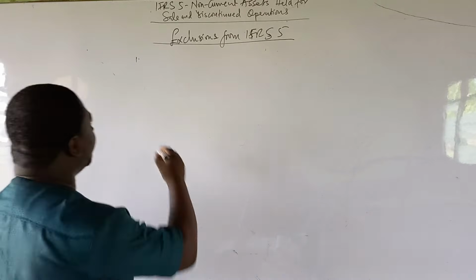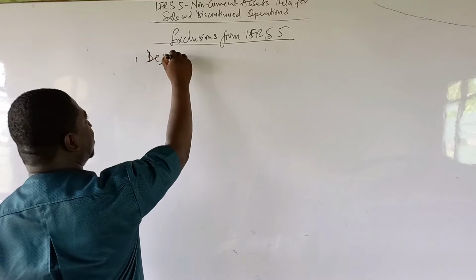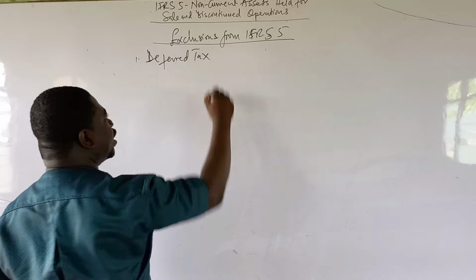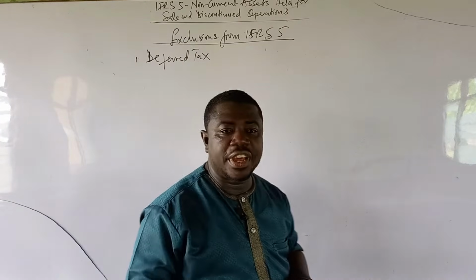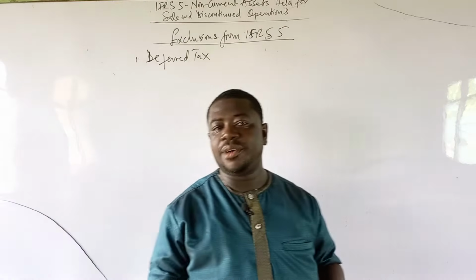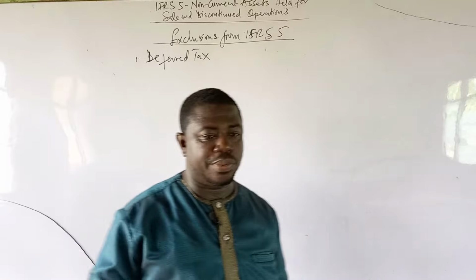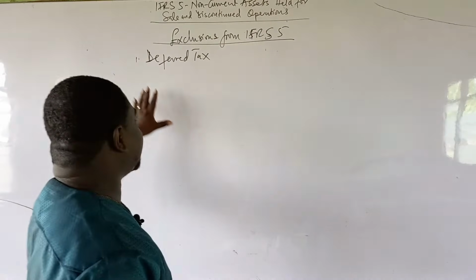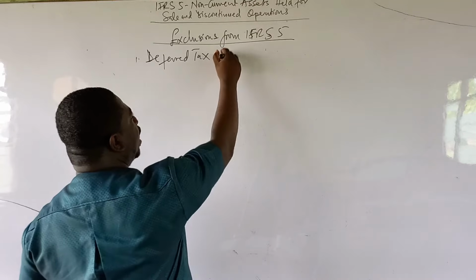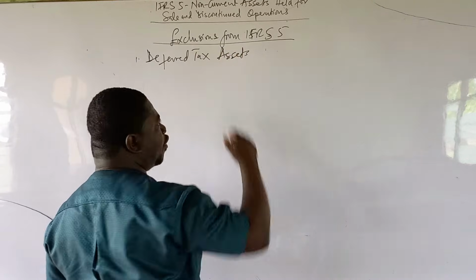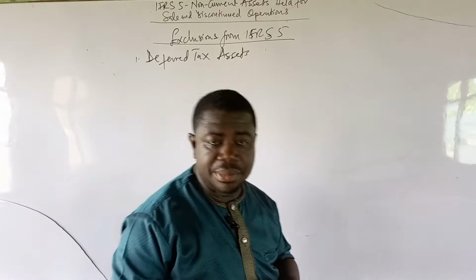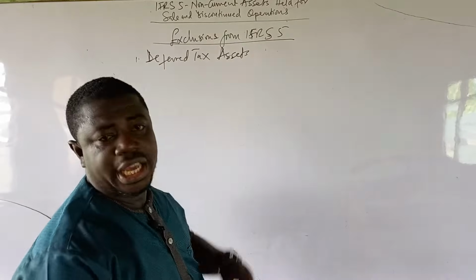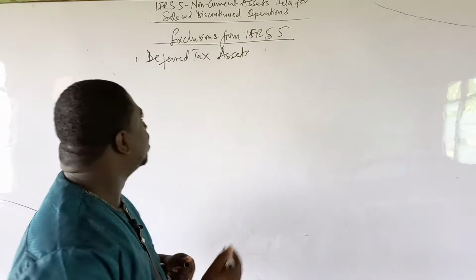So in other words, what I mean by exclusions is that these assets are excluded from the measurement provisions of IFRS 5. And the first one is deferred tax assets. So in other words, you cannot measure deferred tax assets and classify them as held for sale or discontinued operation. That's the meaning. So deferred tax assets are excluded from IFRS 5. Deferred tax assets are treated by IAS 12, income tax. Okay?